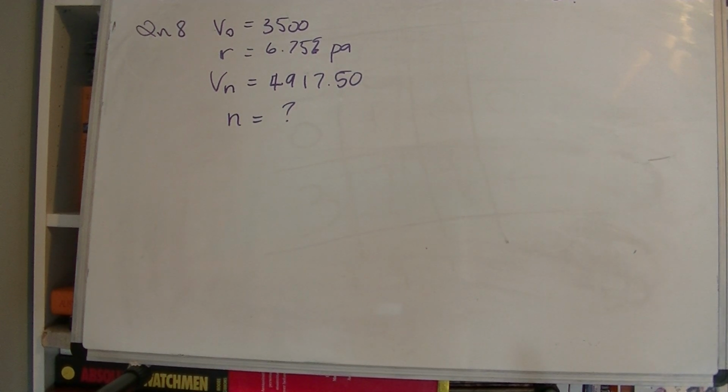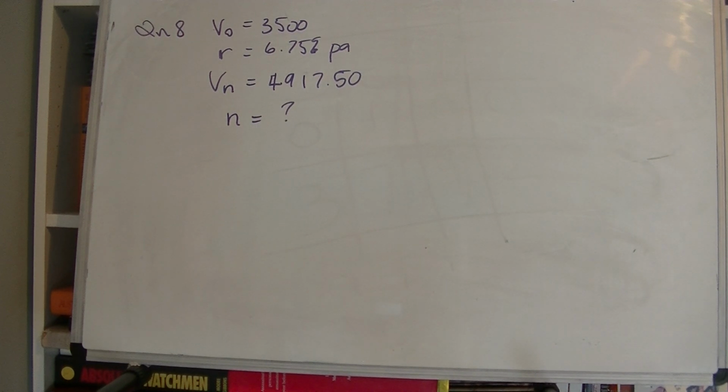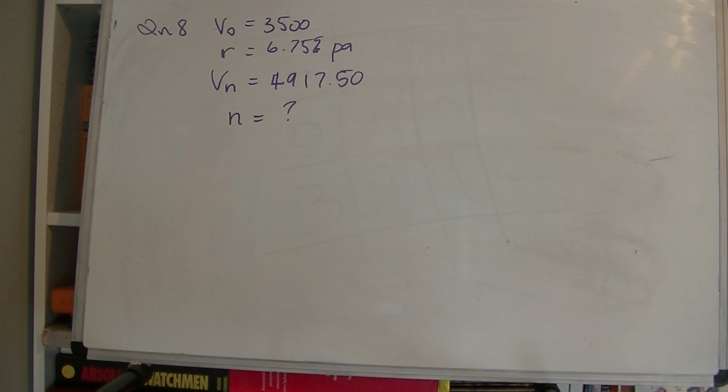For this one, however, if you wanted to use the recurrence relation and put in 3,500 and enter, you can do it that way as well. But just in case the n value is really high and you don't want to go enter lots of times, the rule is best.